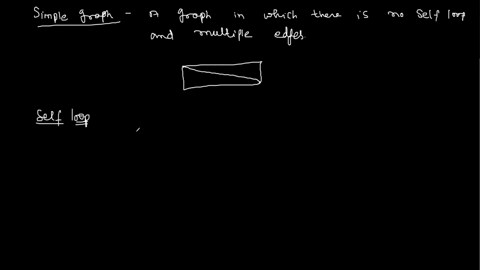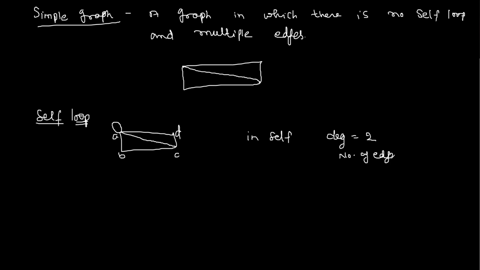For example, suppose the above graph. Let's suppose there is a loop. Let's suppose this is A, B, C, D. In a self loop, the degree is considered as 2. But the number of edges is considered only 1. If I ask you, what is the degree of A?